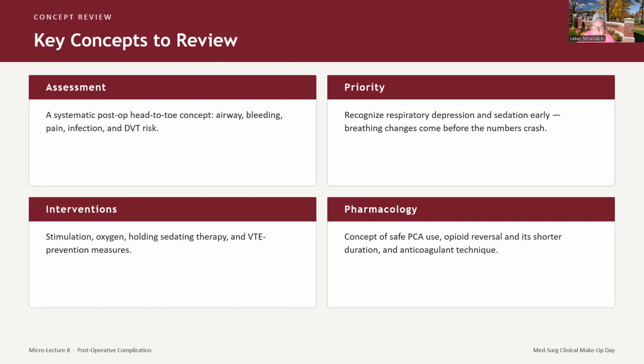Interventions are going to be stimulation, maybe that good sternal rub, oxygen, holding sedating therapy, and VTE prevention measures. Pharmacology for this case is going to be the concept of safe PCA use, opioid reversal and its shorter duration, and anticoagulant therapy.